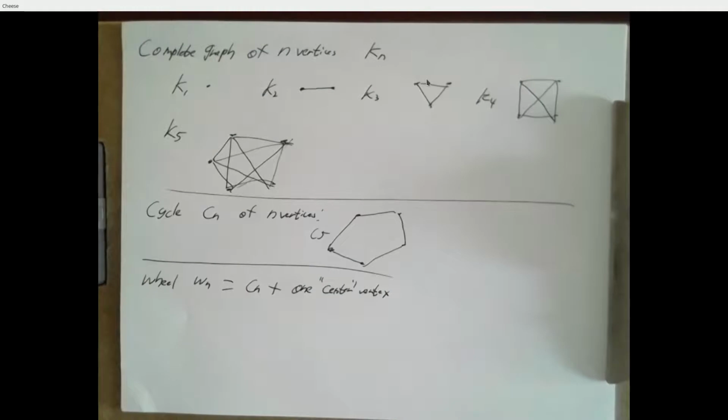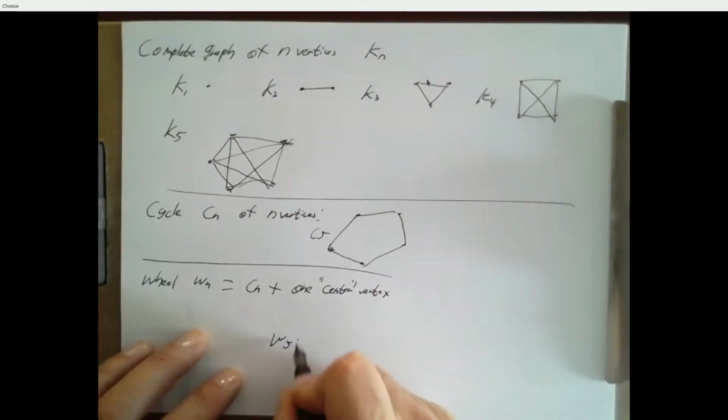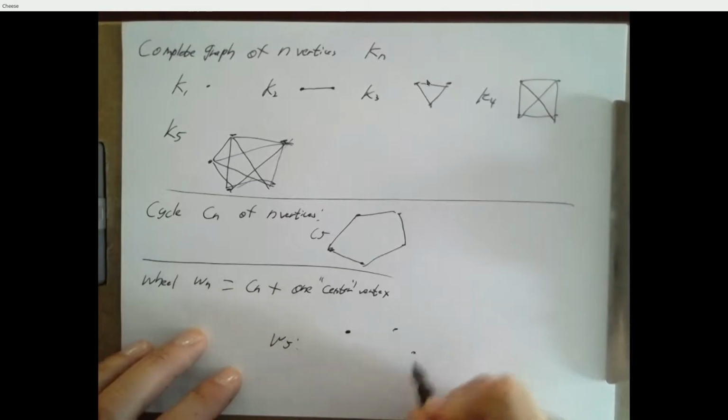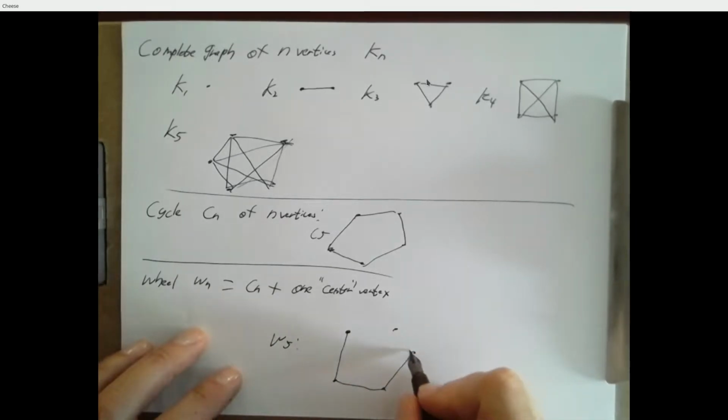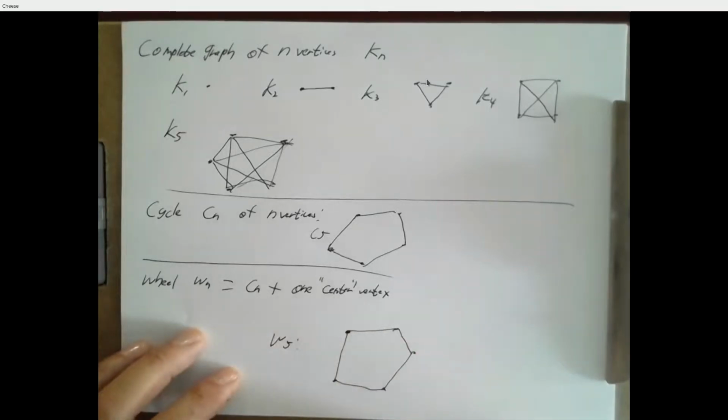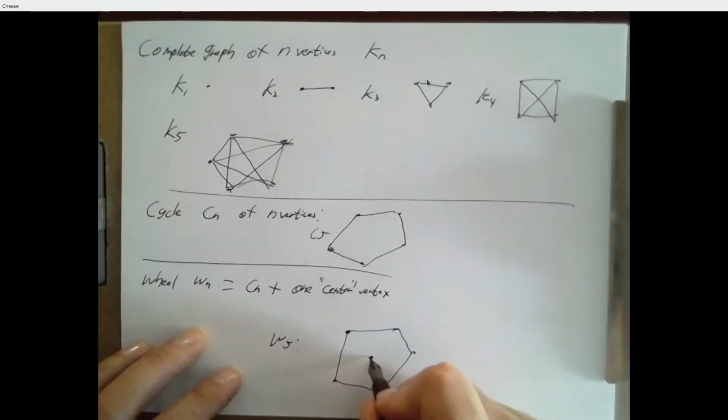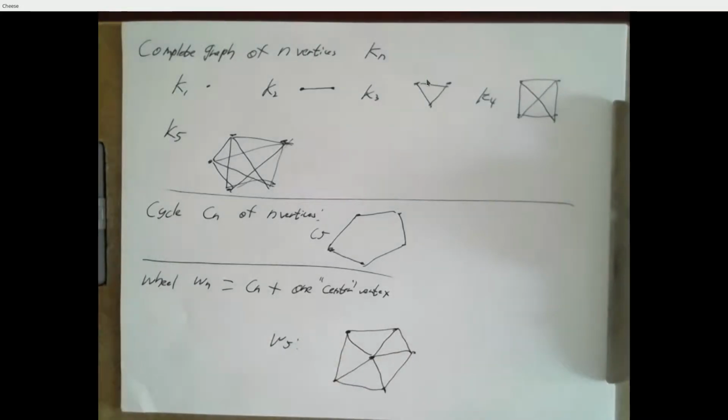I'll tell you why in a minute. So if this is C5, W5 would look like this. Right? It's your wheel, your cycle, plus one extra vertex that's connected to everything. So it looks like a wheel if you draw it like that.